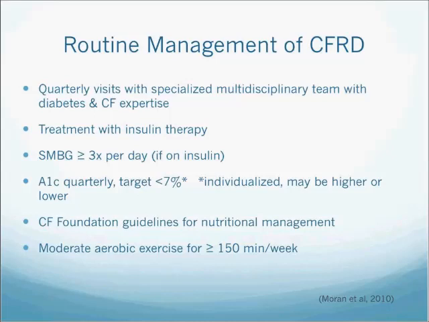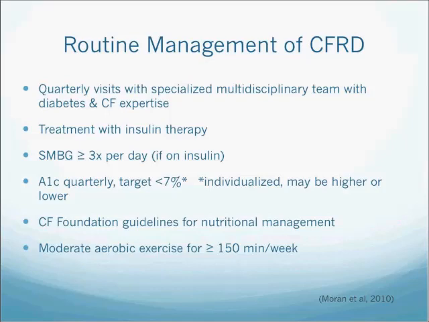For the routine management of patients that do have CFRD, it's recommended that they have quarterly visits with a specialized multidisciplinary team with diabetes and CF expertise. Again, treatment is insulin therapy, and if they're on insulin, it's recommended to monitor their blood sugars at least 3 times per day.